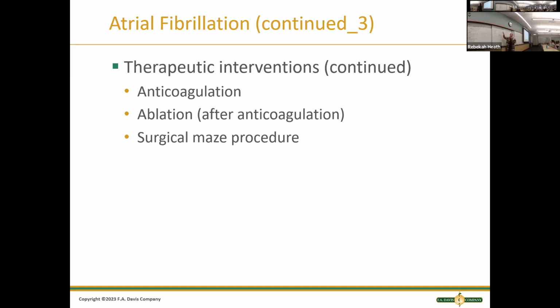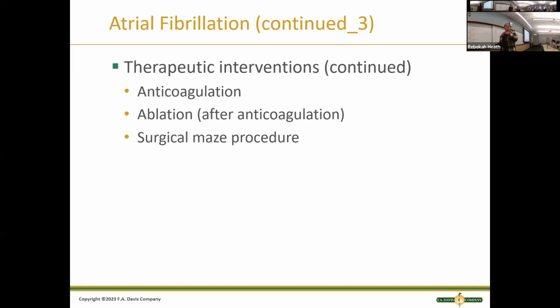When you have the atrium just kind of spazzing out, you're not getting all that blood pushed through effectively. And some of that blood just kind of sits in the atrium. It's not just sitting there still, but it's just not moving around very well. And we know that blood has a tendency to clot if it's not moving through something well. And so patients can tend to form blood clots in their atrium because it's not getting pushed through normally.